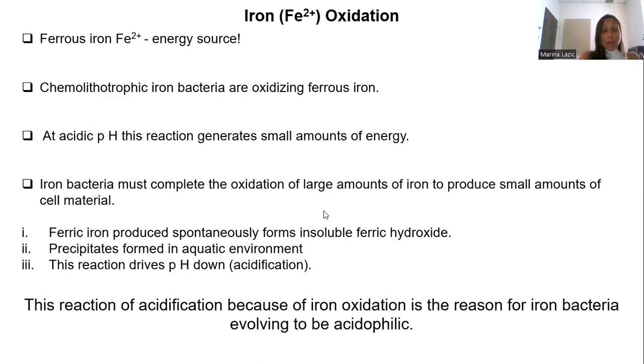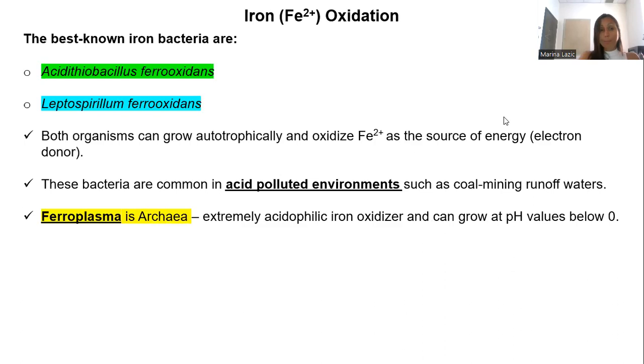Now, when iron is oxidized spontaneously, 2+ will form 3+, so ferrous to ferric, and this ferric iron can form hydroxides, and they precipitate in aquatic environments and lower pH, which is the reason why iron oxidation bacteria that extract energy from iron evolved to be acidophilic.